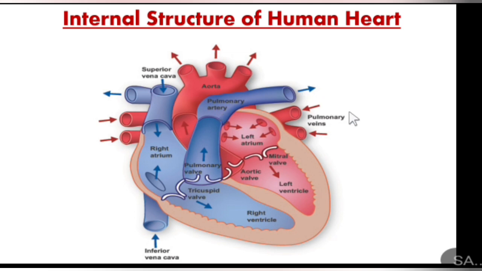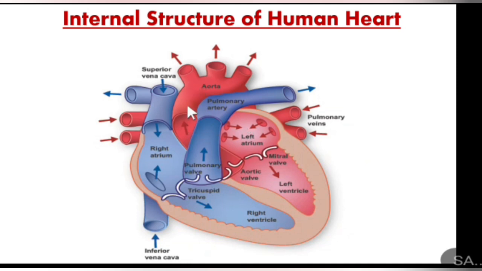And after oxygenation, pulmonary vein, which is the only vein that carries oxygenated blood, brings oxygenated blood from the lungs to the heart, that is towards the left atrium. So these are the two blood vessels.